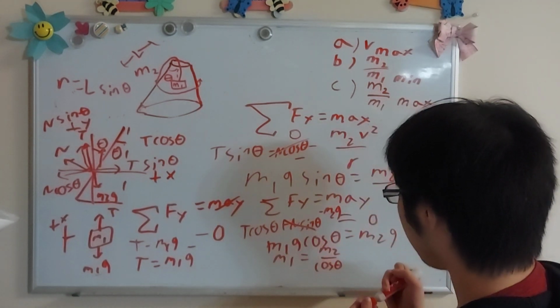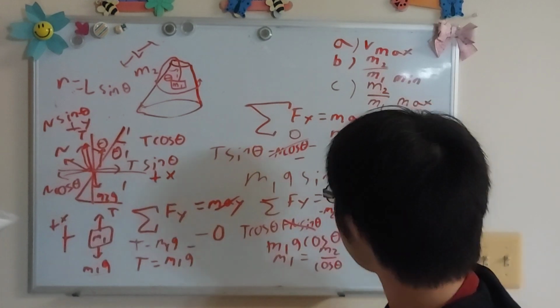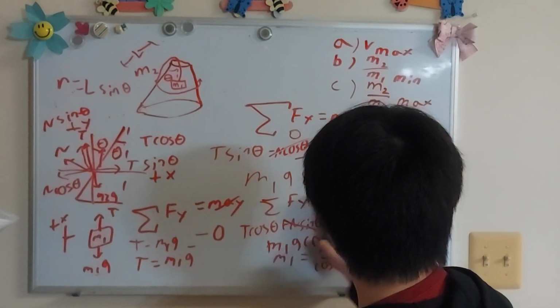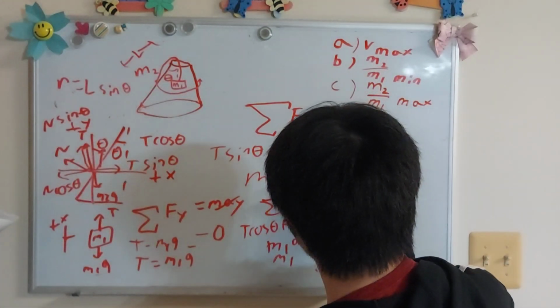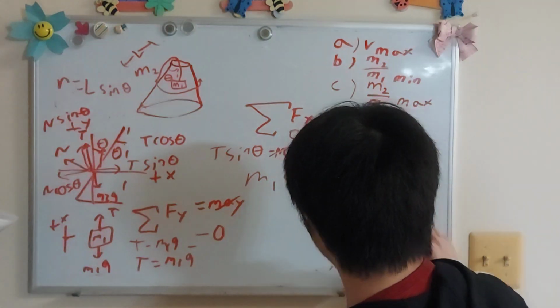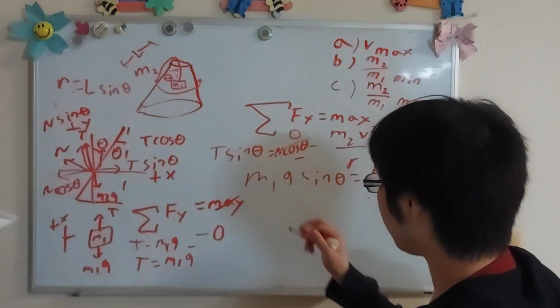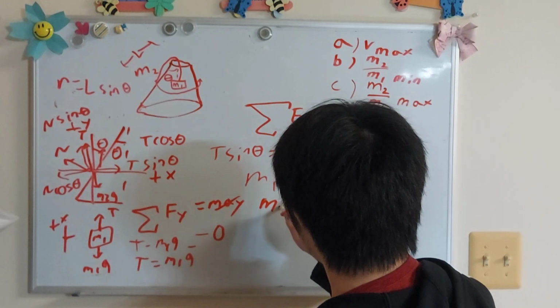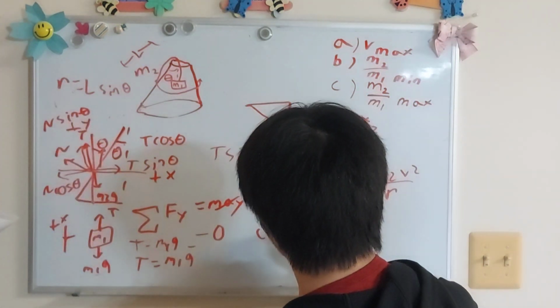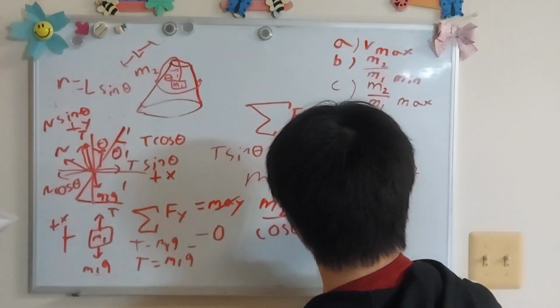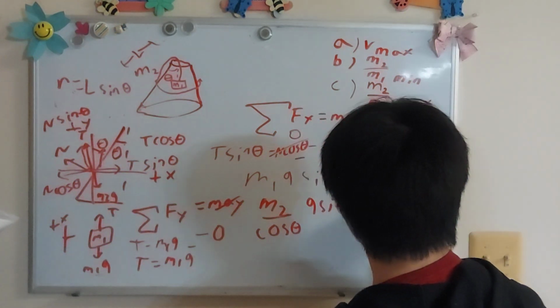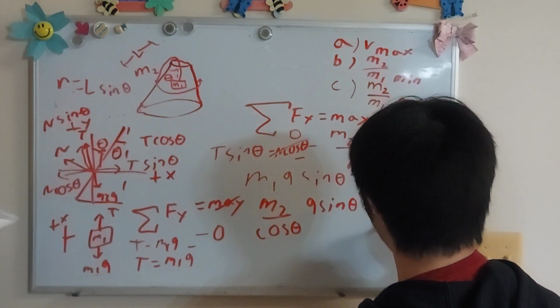Let's plug that into m1g sine theta. We're left with m2 over cos theta times g sine theta is equal to m2 v squared over r.